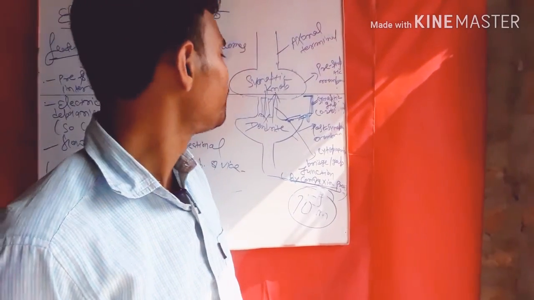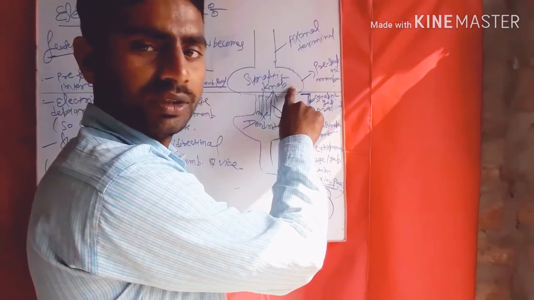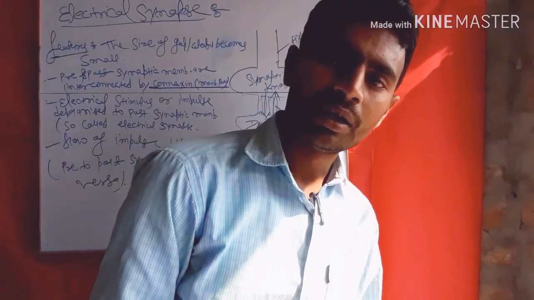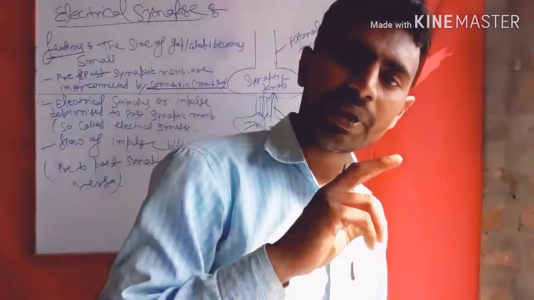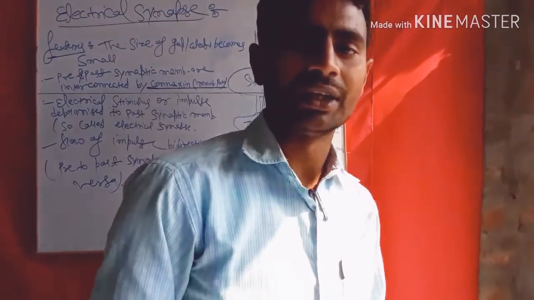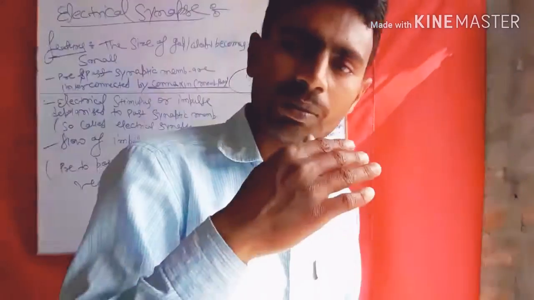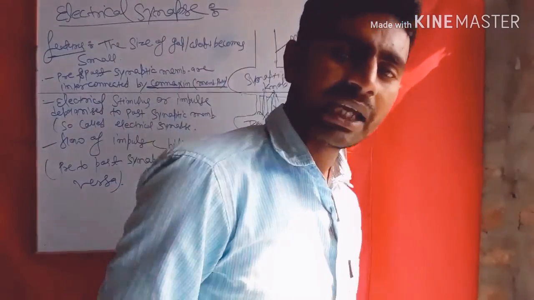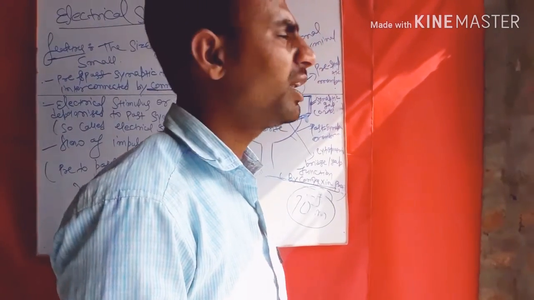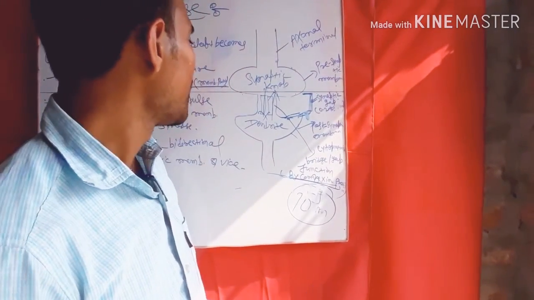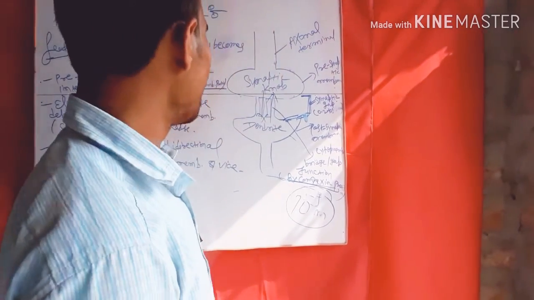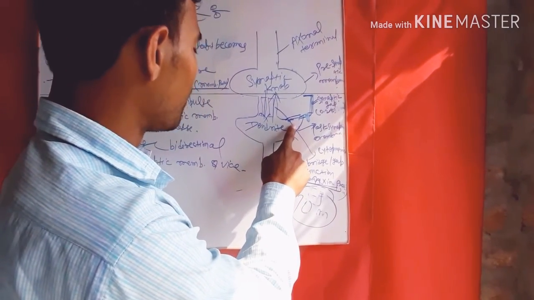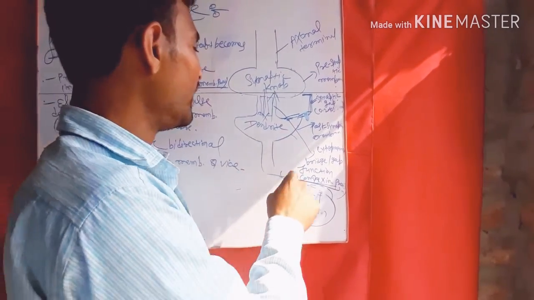First, between both membranes, presynaptic and postsynaptic, a bridge is formed by connexin protein. Why? For the flow of impulse, which is bidirectional, vice versa. Next, the electrical impulse depolarizes the postsynaptic membrane. This is the electrical synapse.